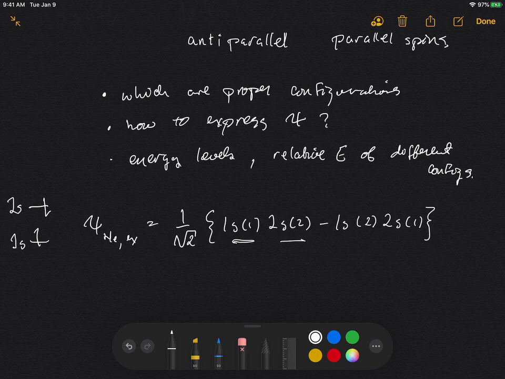So this is essentially the spatial part of the wave function. And this is alpha 1, alpha 2. Bear with me. This is this kind of configuration where they're parallel spins. So both spin up.